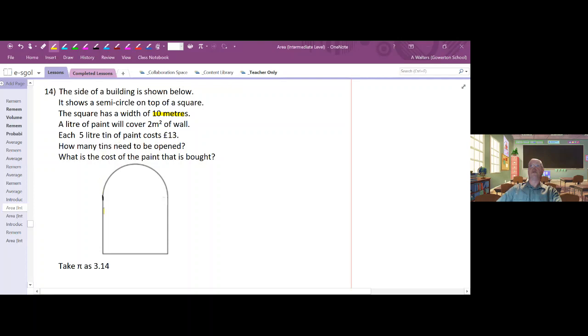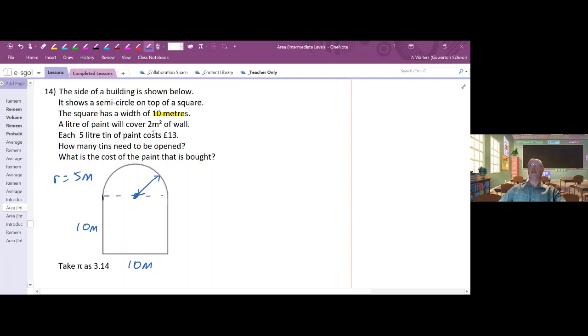Okay, so they haven't labeled anything, so we've got to label them. 10 meters across, 10 meters down, because it's a square on the bottom. Now, if this semicircle has a diameter of 10 meters, then the radius is 5 meters, and we've got to make sure that we use the radius there is 5 meters.